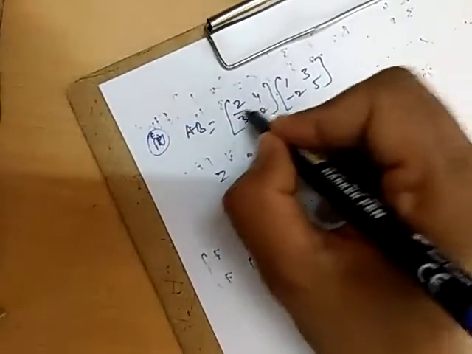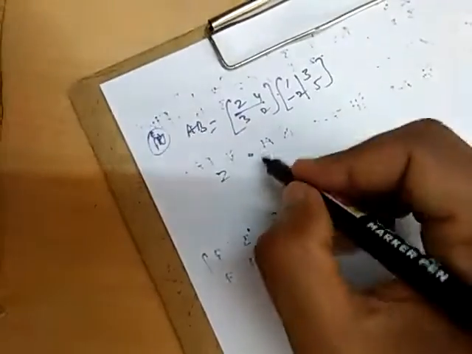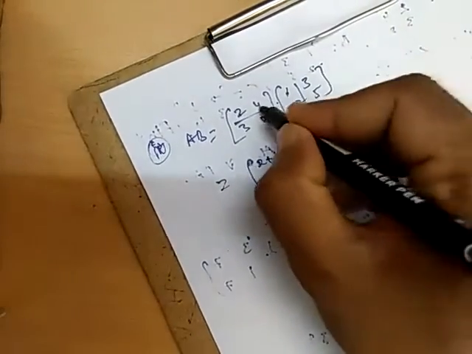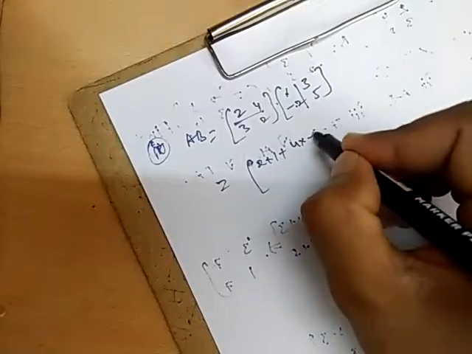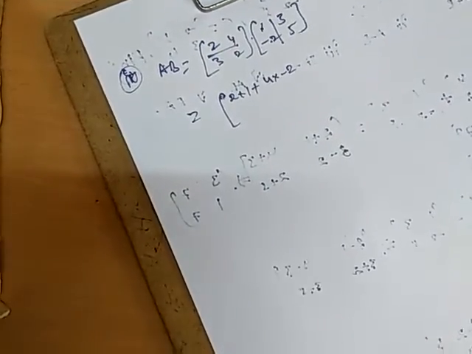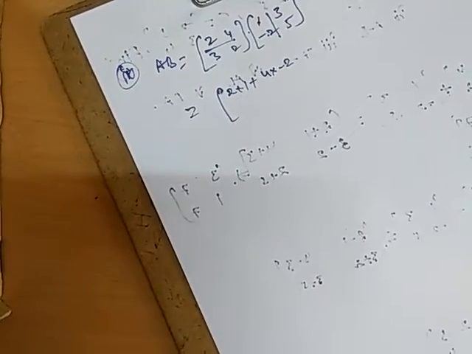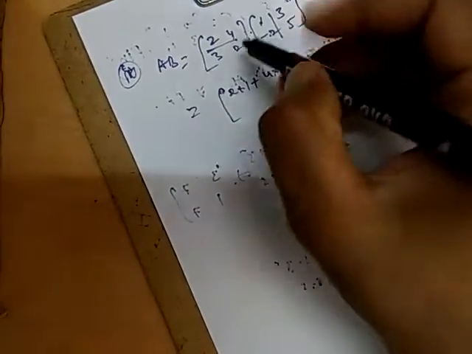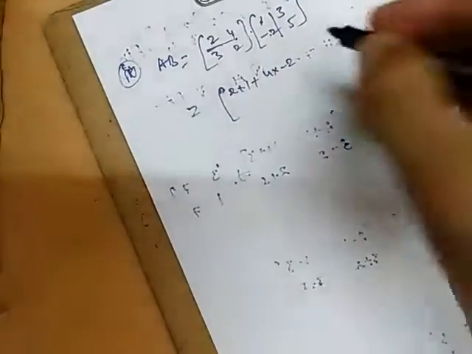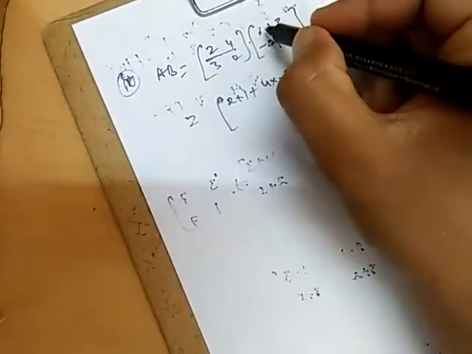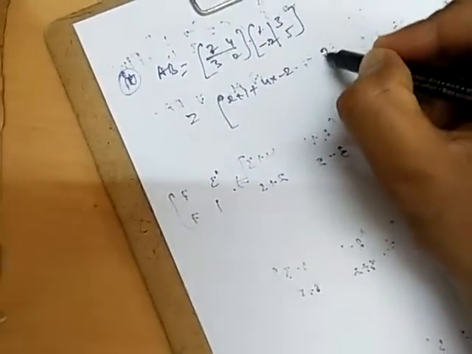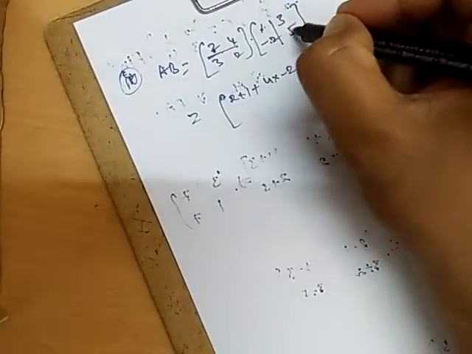That equals row, column multiplication. Matrix multiplication is different from addition and subtraction. Row, column, row and column. So 2 into 1 plus 4 into minus 2. Again 2 into 3 plus 4 into 5.